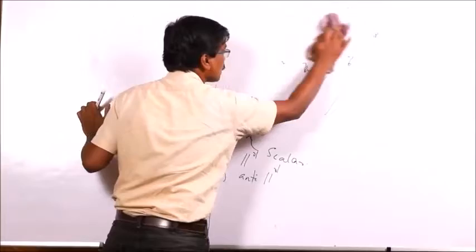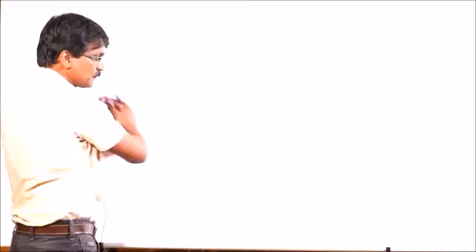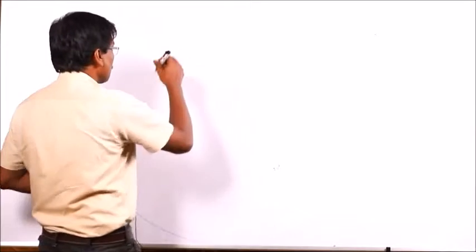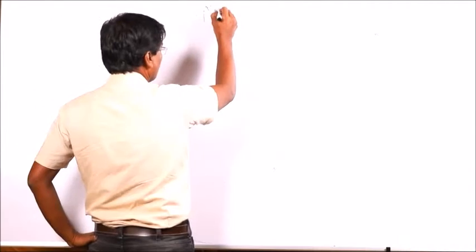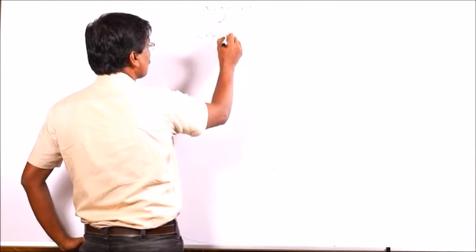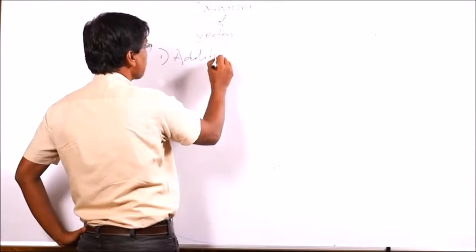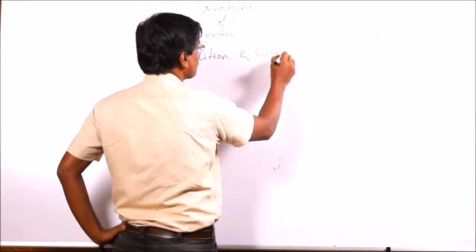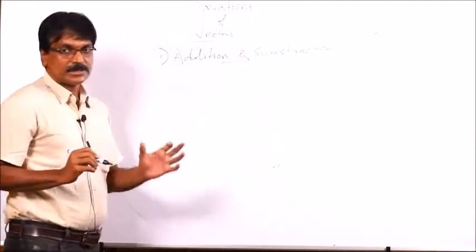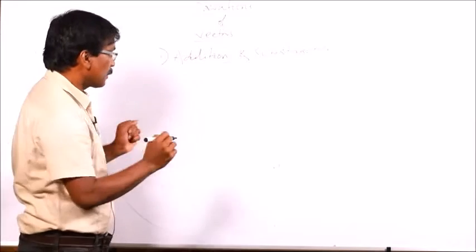Next we come to the different operations of vectors. One is addition and subtraction. Two vectors can be added or subtracted by the parallelogram law of addition.